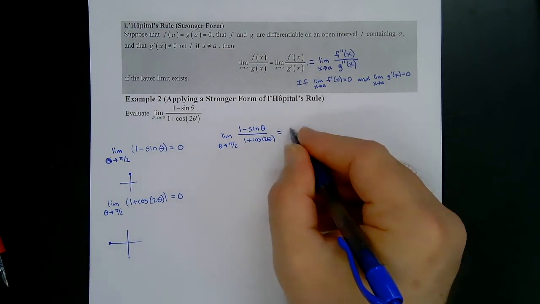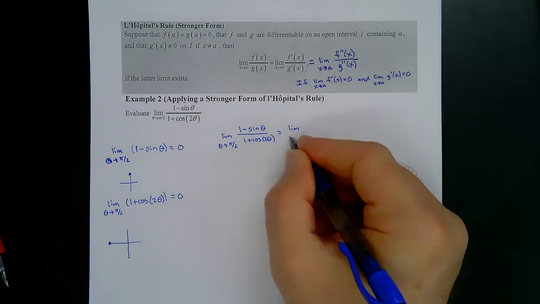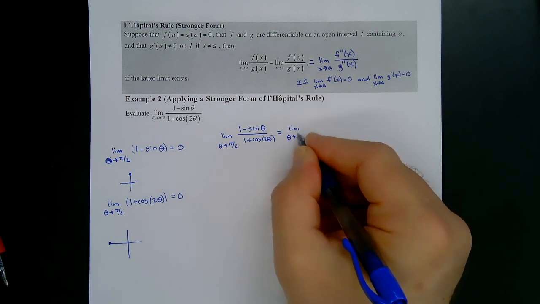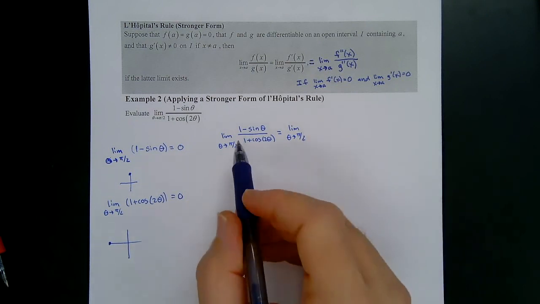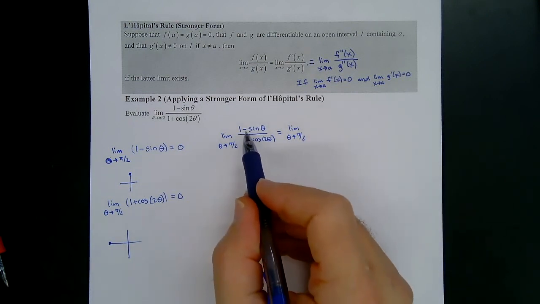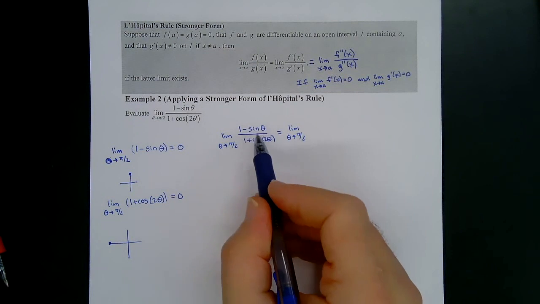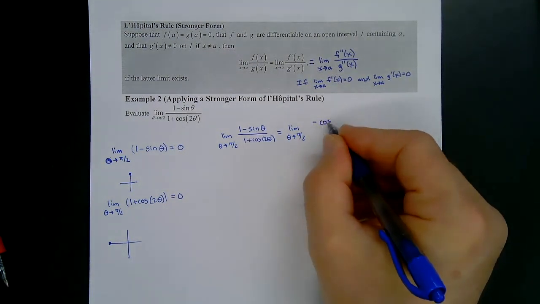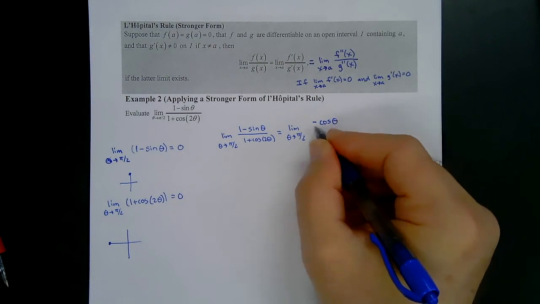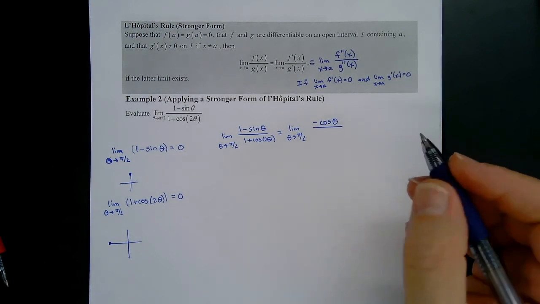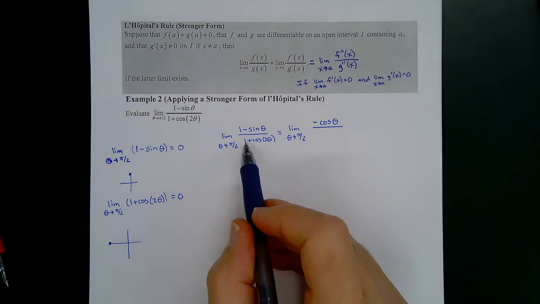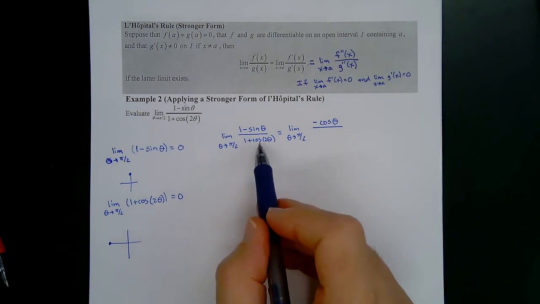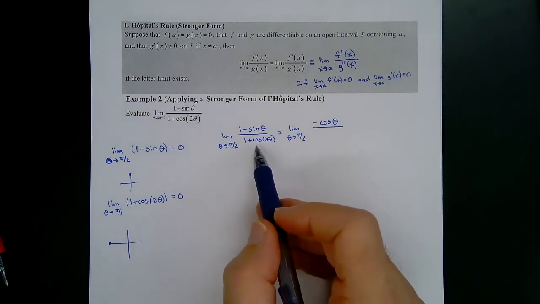So this is equal to the limit as theta approaches pi over 2. The derivative of 1 is going to be 0, and the derivative of sine is cosine. So this top becomes negative cosine of theta over, and this is going to be 0, and the derivative of cosine is negative sine.